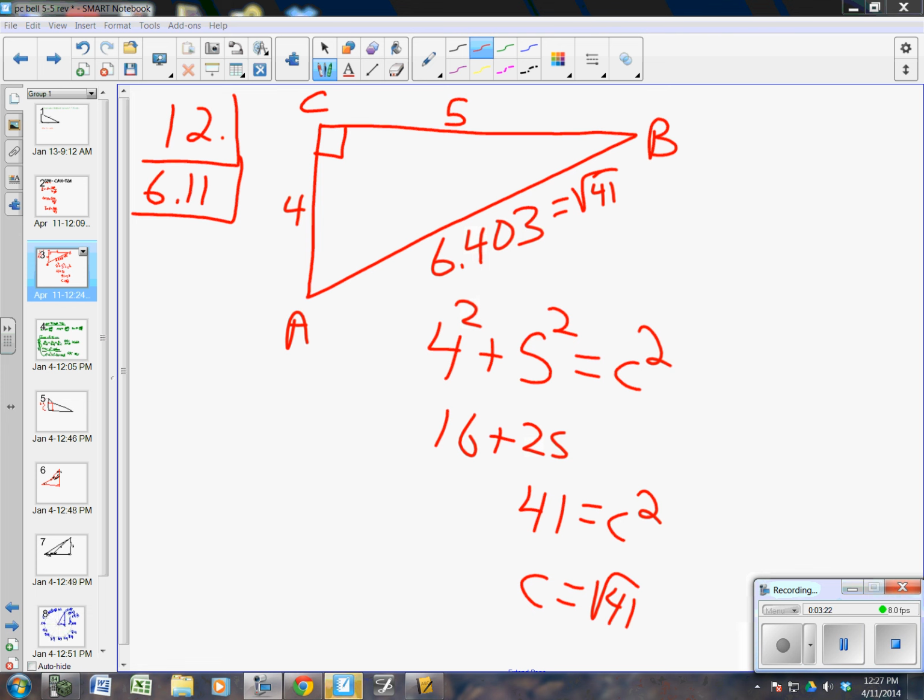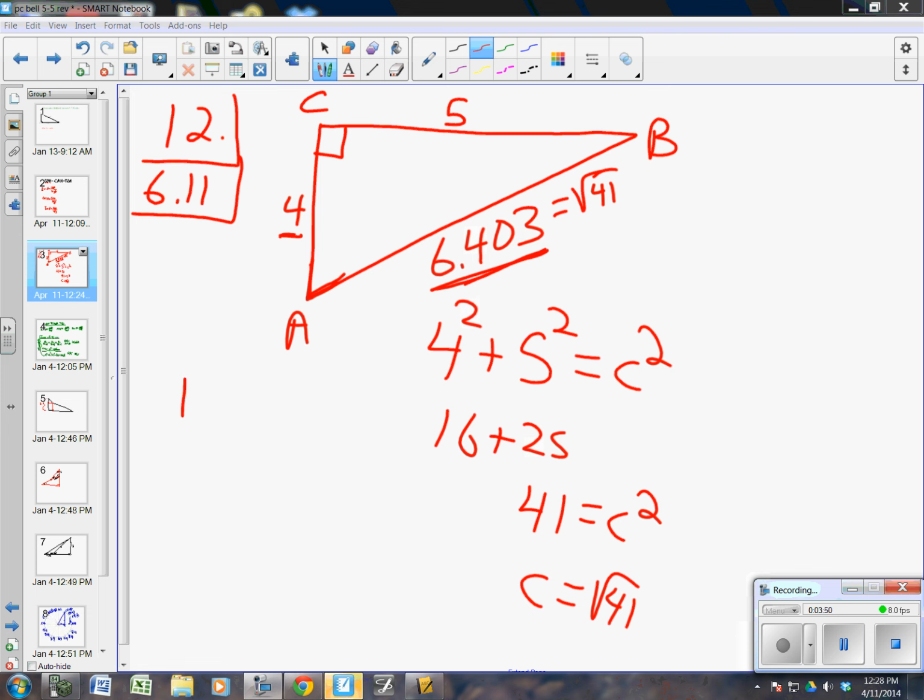Now, we need to find an angle. If you go to angle A right here, which 2 sides do we know from angle A? We know all 3, but this one right here is an approximation, so we want to use one of the 2 exact ones. What sides are those from angle A? Adjacent and opposite. So what relates adjacent and opposite?